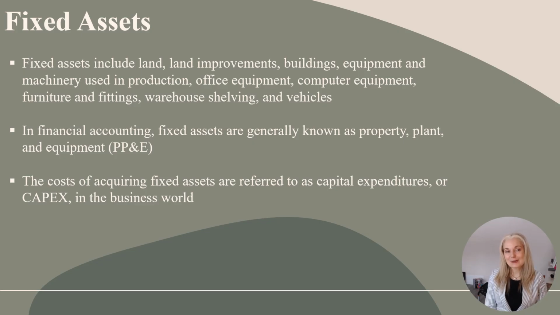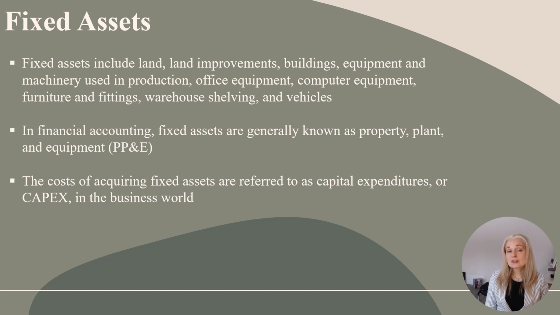As I mentioned earlier, fixed assets are a bit unique from inventory just because of the monetary costs associated with them. So let's define fixed assets before we start talking about them. Fixed assets include land improvements, buildings, equipment, and machinery that are used in production. You also have office equipment, computer equipment, furniture and fittings, warehouse shelving, and of course, vehicles.